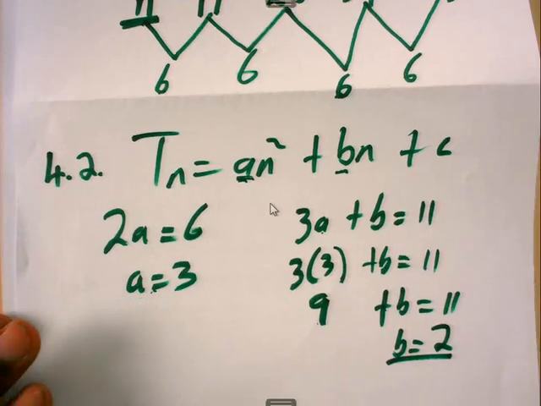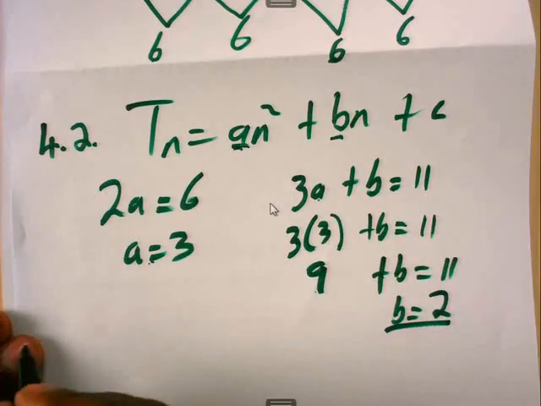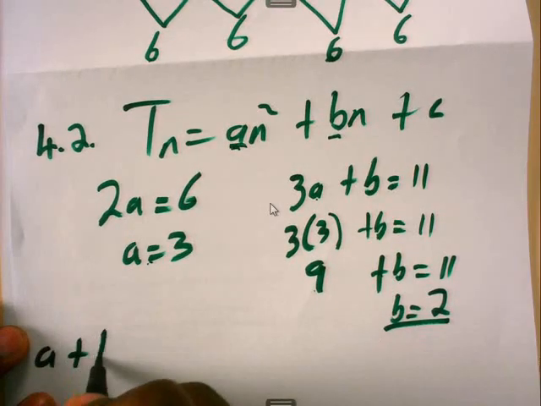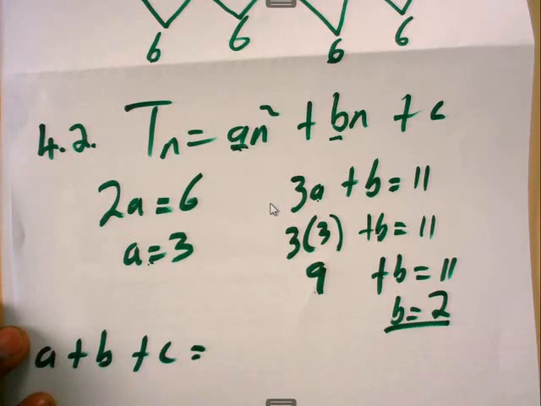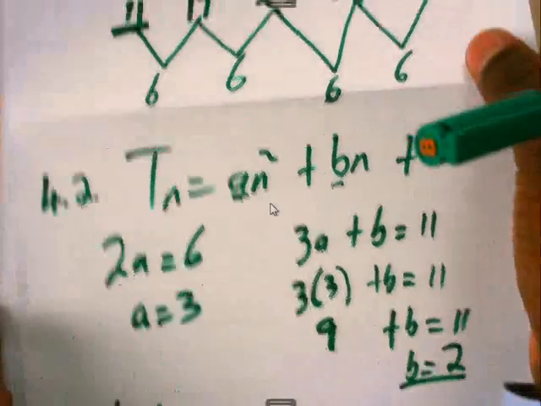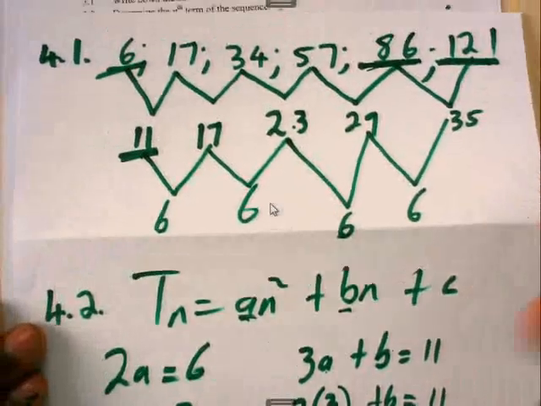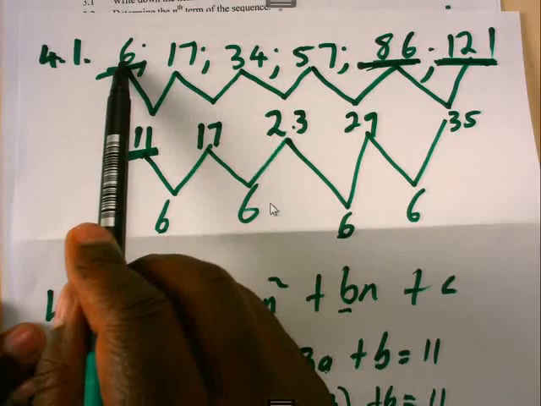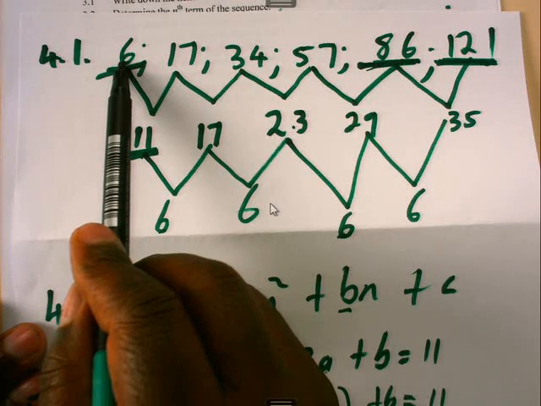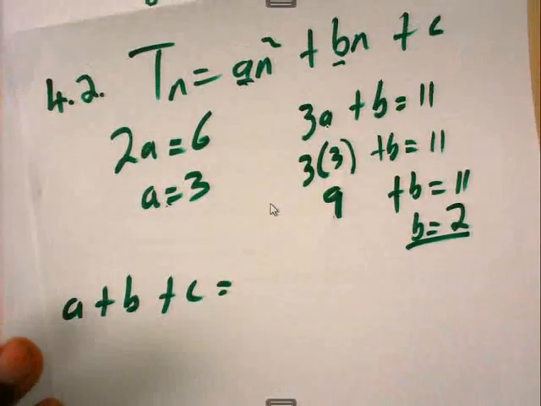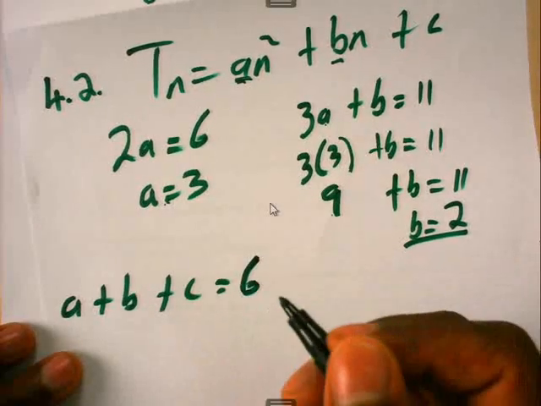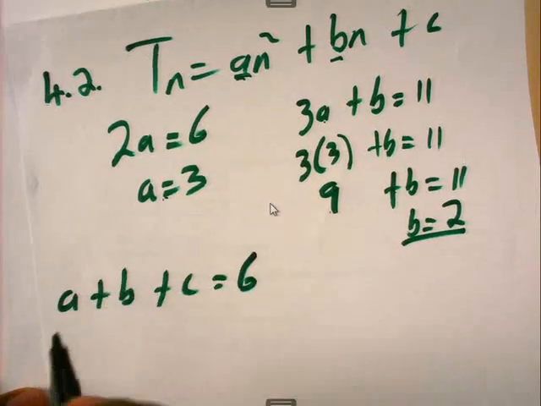Let's determine the value of C. Remember, to find the value of C, we said A plus B plus C equals the first term of the pattern. The first term of the pattern is 6. So we say A plus B plus C equals 6. Let's work it out then. What is the value of A?